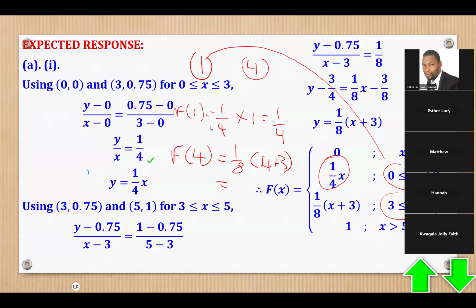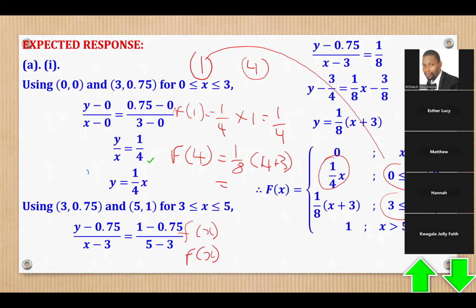So in short, I can either use capital Fx to get the probability, or I use small fx to get the probability. When you want to use small fx to get the probability, you must integrate. When you want to use capital Fx to get probability, you don't integrate. You simply substitute. That's the difference between the two.